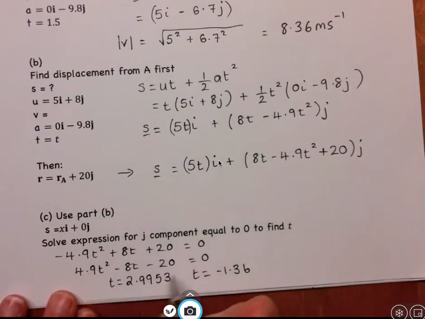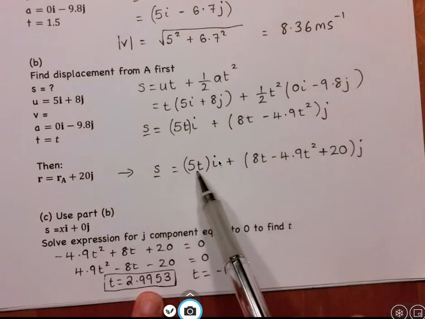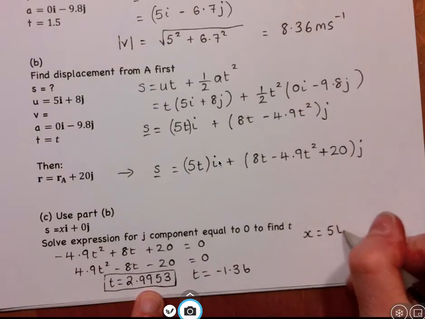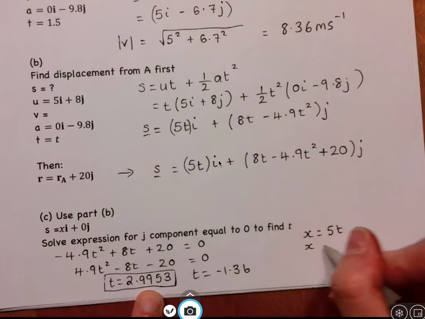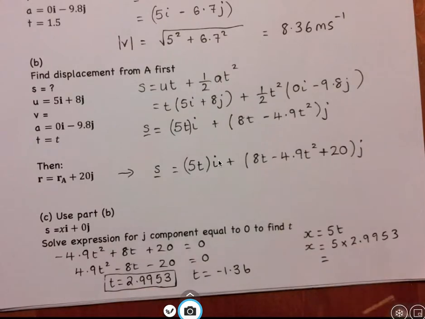Alright, so now we can use the fact that we know that t is 2.99. If we compare the i components, we know that x has to be equal to 5t. So x is 5 times 2.9953, or whatever's in your calculator.